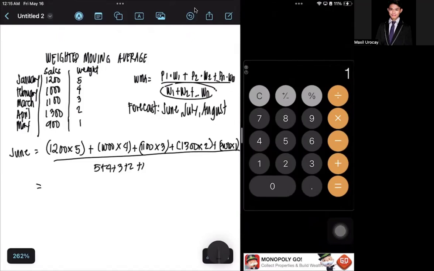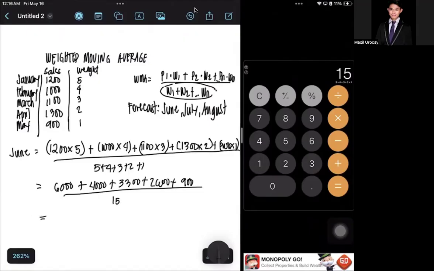Now you have to calculate it one step at a time. 1,200 times 5 is 6,000, plus 1,000 times 4 is 4,000, plus 1,100 times 3 is 3,300, plus 1,300 times 2 is 2,600, plus 900, over 5 plus 4 plus 3 plus 2 plus 1, that is 15.